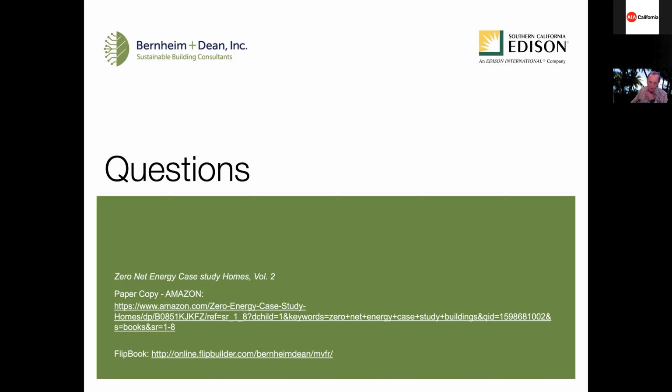You can buy a paper copy at Amazon for very low cost because no profit whatsoever, and it's publicly available. So you can get a paper copy on Amazon, or you can get a flip book to look at for free online and read details of these particular case studies.